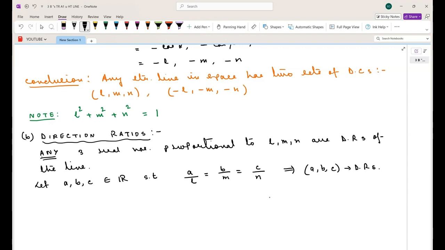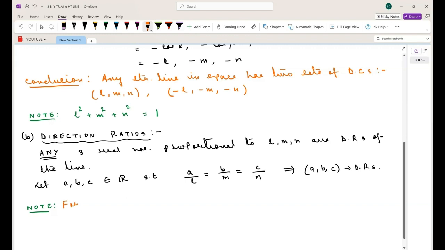Now, next, one important note is, just as you have seen that for any straight line there are two sets of DCs, so for any straight line, how many sets of DRs will be there?